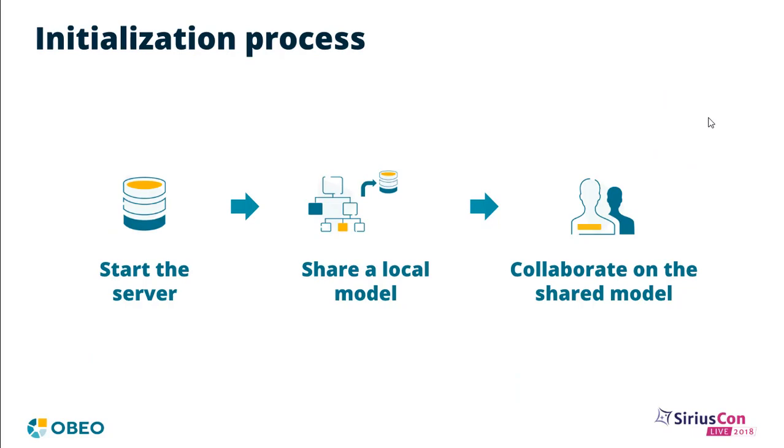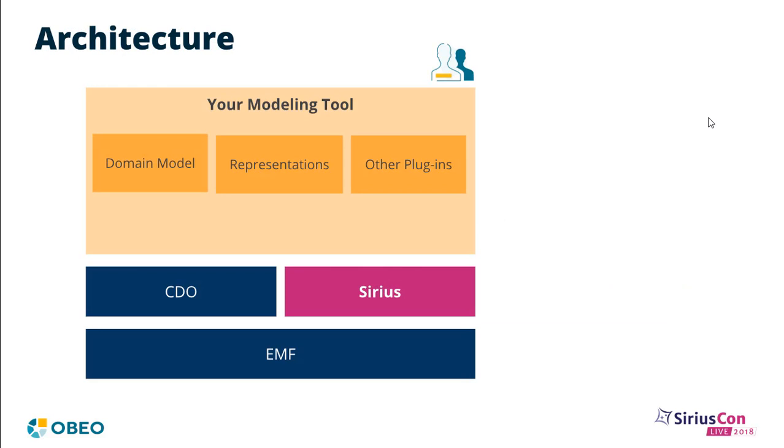So to use OBEO Designer Team with your modeling tool, your modeling tool, of course, is composed of a domain model, some representations created with Sirius, and eventually some other plugins. So your domain model must be compliant with CDO, the Eclipse technology which allows you to manage EMF models in a database.